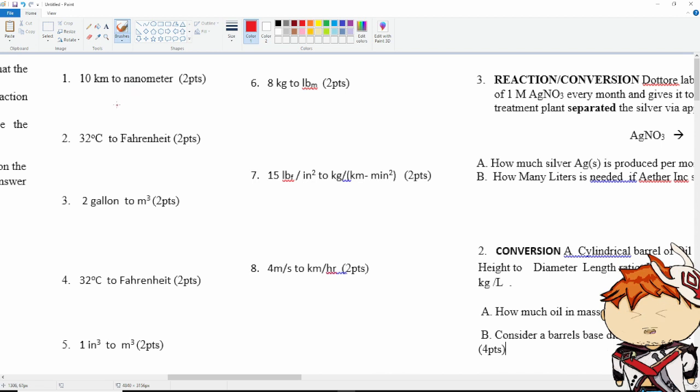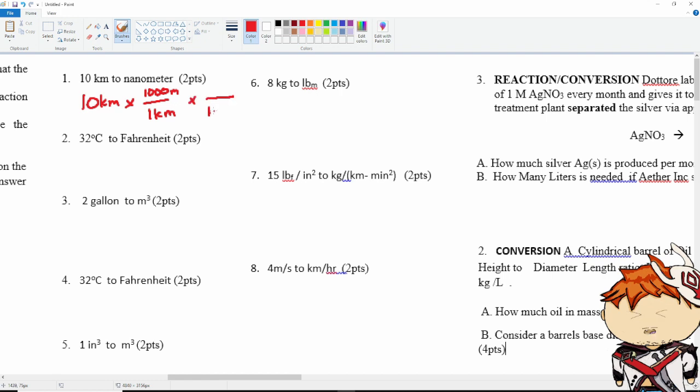Anyways, let's solve 10 kilometers to nanometers. Let's first know that 10 kilometers is 1,000 meters per 1 kilometer, and nanometer is such a small number.